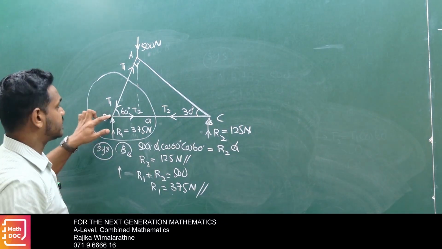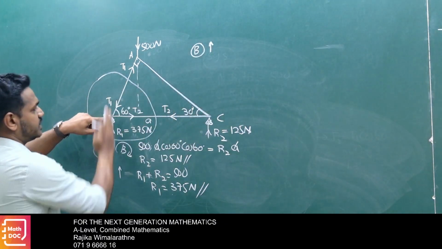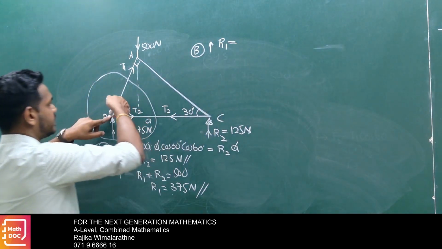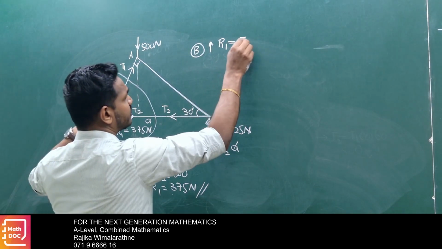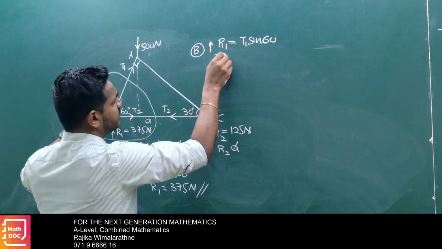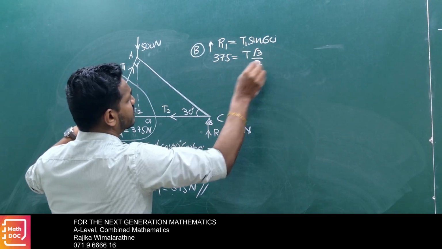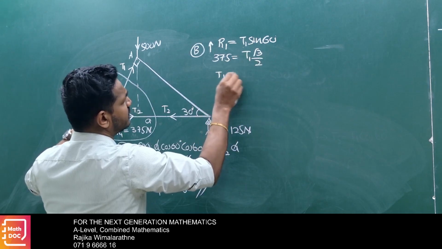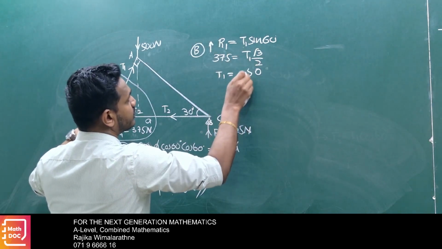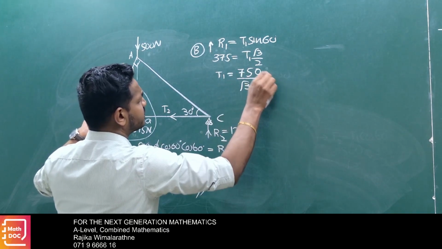Then consider vertex B. Vertical forces: R1 equals T1 sin 60. R1 is 375, T1 root 3 over 2, then T1 equals 750 divided by root 3 Newtons.